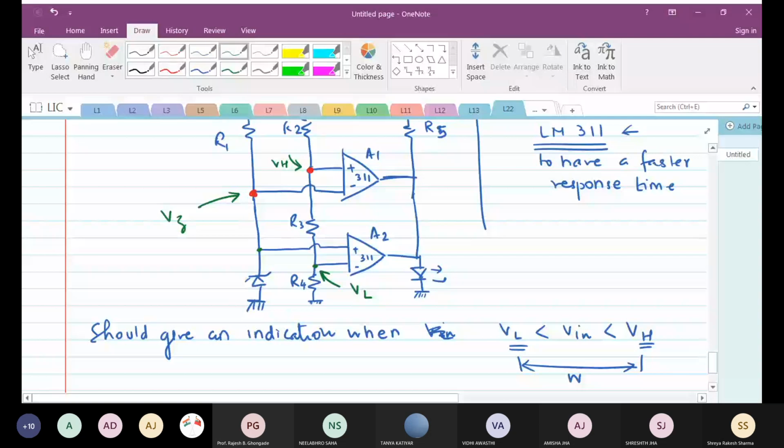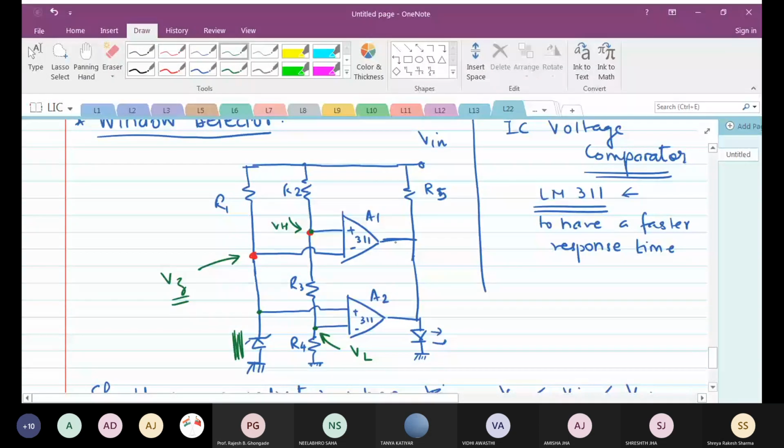Yes, sir. See, what we are trying to do here is make sure this Vz is going to be constant because of this Zener diode, right? Yes, sir. Okay, so we have a fixed reference for both the comparators. But here, whenever this voltage VH is, let us say, greater than Vz, in that case, what will be the output of A1?